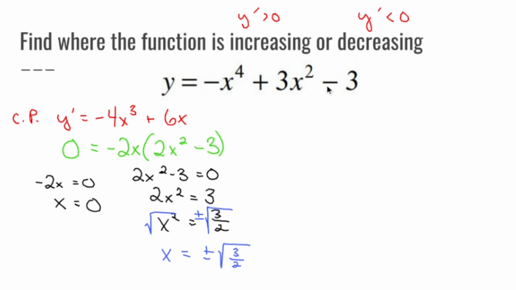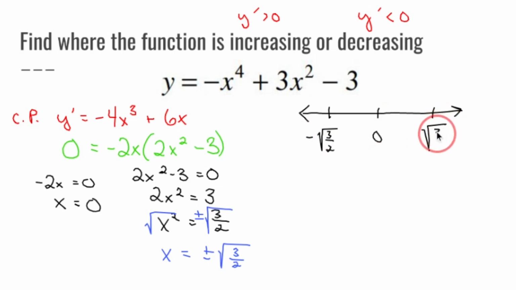Now what I'm going to make next is something called a sign table, or a sign graph, or a sign chart. Now S-I-G-N, not S-I-N-E. Don't get excited. All right. I'm going to put my x values for critical points right here: the negative square root of 3 over 2, 0, and square root of 3 over 2. I'm putting those there in order. What I'm going to do is choose values in between these numbers, and bigger than and smaller than, and plug them into my derivative to see if those values give me an interval that's positive or negative.